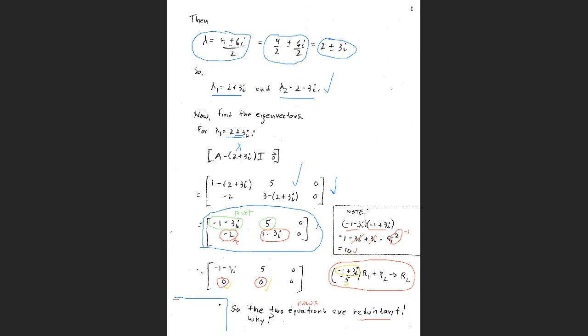suppose you had two equations. This is now separate. Let's just say you had 2x1 plus 4x2 equals 0, and then you had 4x1 plus 8x2 equals 0.